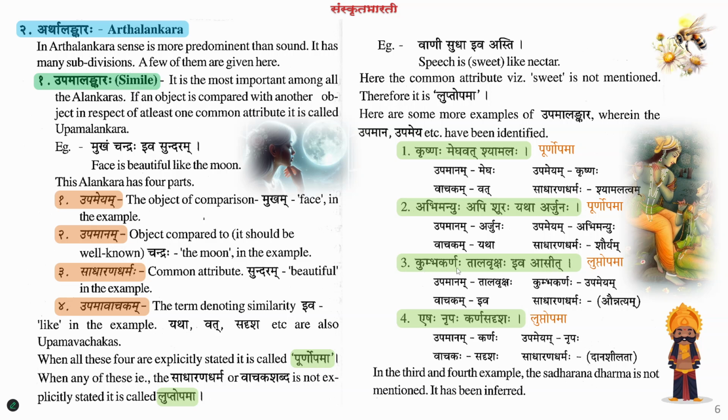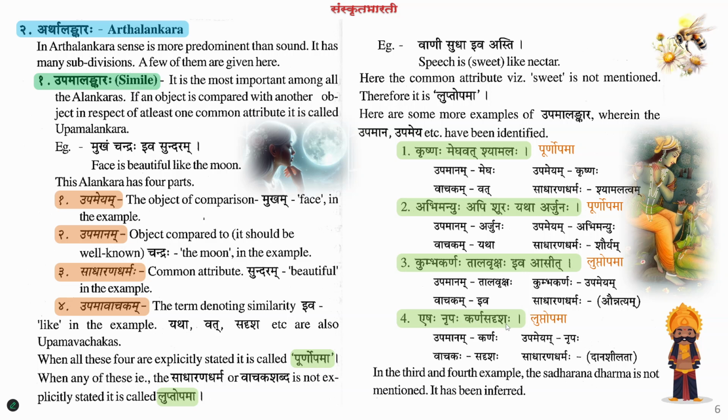In order to wake him up, they actually bring wads of wine and food and all that. So maybe he was a drunkard. Okay. That's how I have read in Chandamama. I have to read Moola Ramayana to conclude the same. Upamanam Talavrikshaha, Kumbhakarnaha upameyam. They have reversed the order here for some reason to confuse us. Vachakam iva, sadharana dharma aunatyam, luptopama nasti.